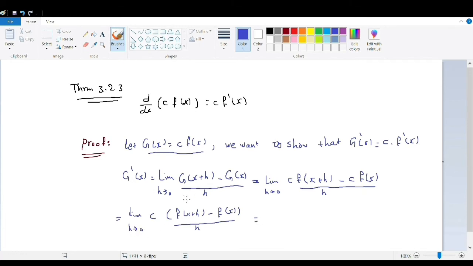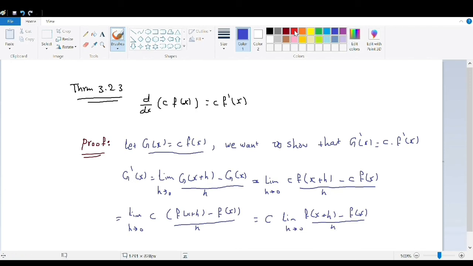And we say that if we have a constant multiplied by a function inside a limit, we can take the constant out. So this will be equal to c multiplied by the limit of f of x plus h minus f of x over h when h approaches 0.